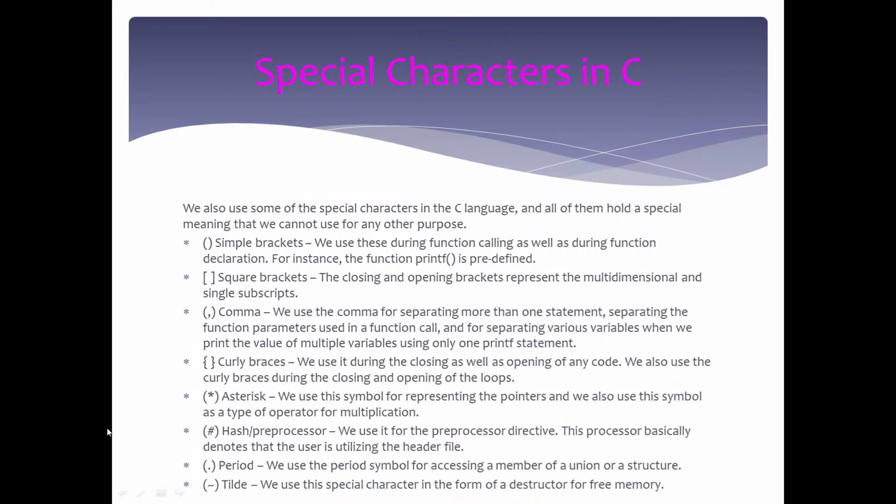Next we will discuss these special characters. In C we have special characters such as the symbol brackets. These round brackets come under the special symbols. We use these during function calling as well as during declaration. For instance, the function printf is an example where we use these simple brackets.